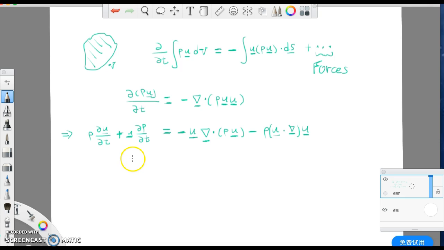So this divergence of rho u, the ith term of that in Einstein summation or index notation would be partial j of rho u_j u_i, and then you do a product rule.